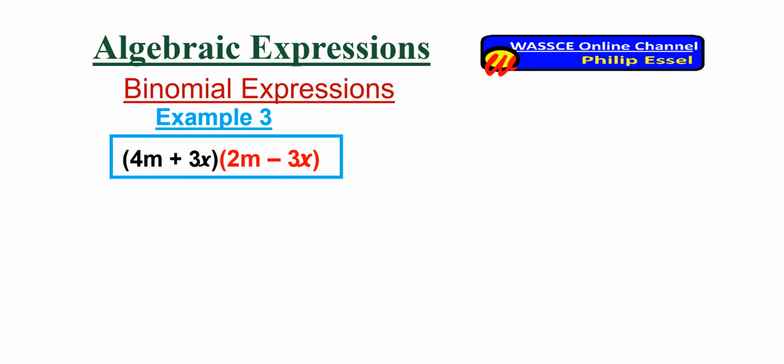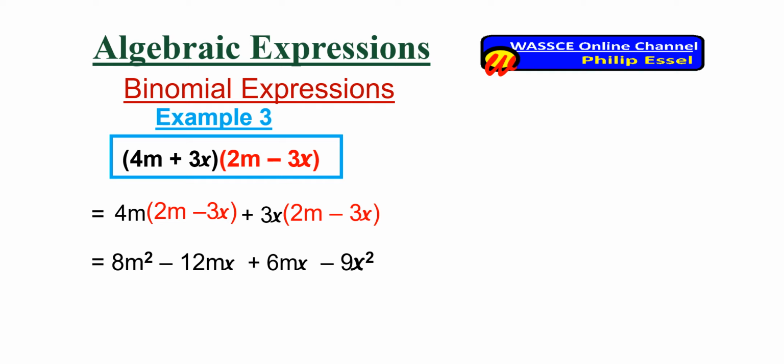Let's do this together. So as usual, we'll multiply our 4m by the whole of the 2m minus 3x. Then we'll also multiply our 3x by the whole of the 2m minus 3x.